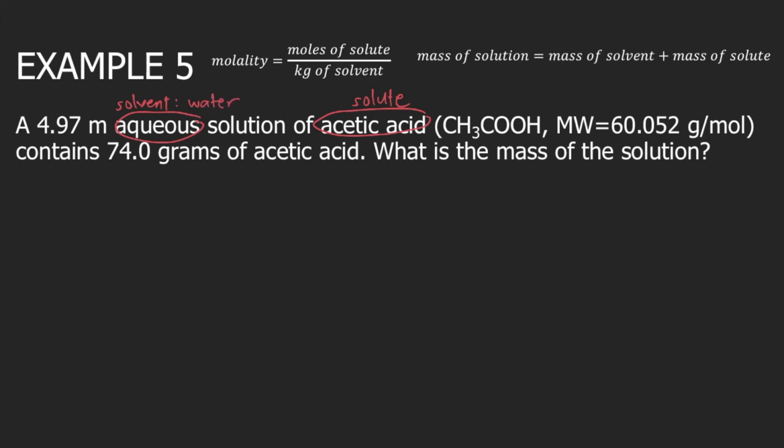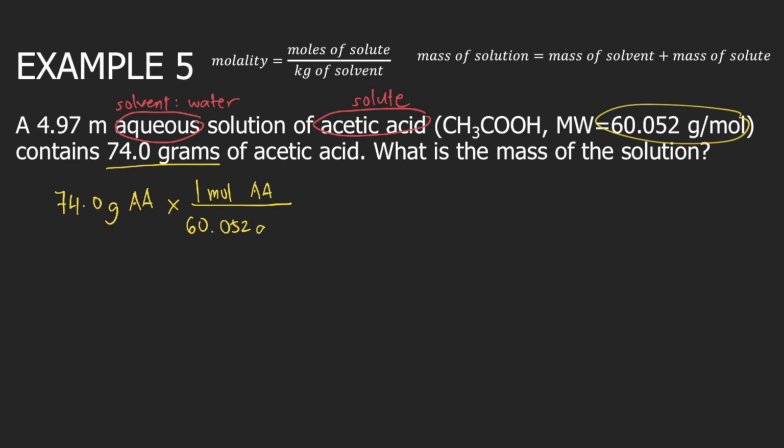The first step you need to do is to convert 74 grams of acetic acid to moles of acetic acid. So 74.0 grams of acetic acid. So let's just write AA. We are given the molar mass. So 1 mole of acetic acid is equivalent to 60.052 grams of acetic acid.